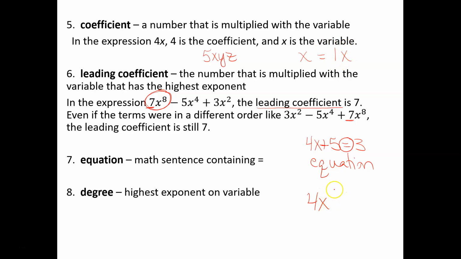If you don't see the number that is the exponent, it is a 1, because x to the first power is the same thing as just x. So in that case, your degree is 1. This equation would be considered degree 1 because the exponent on the variable is a 1, an invisible 1.